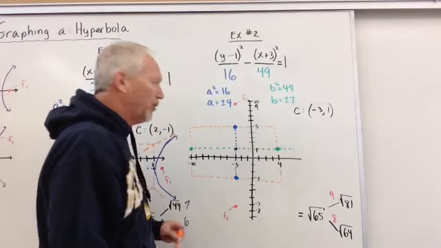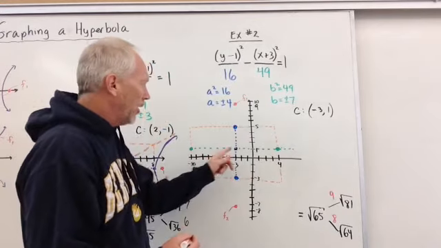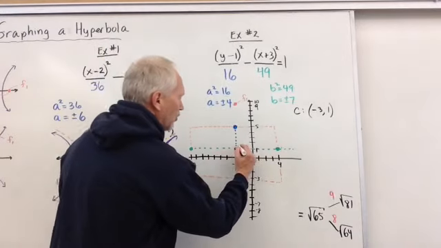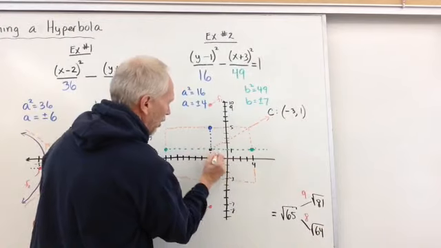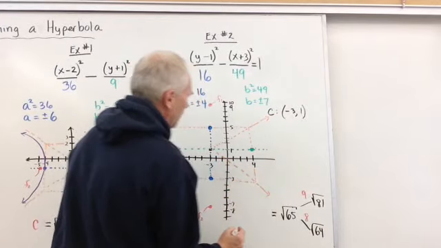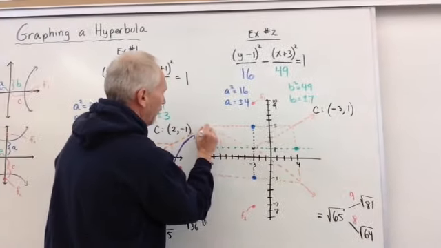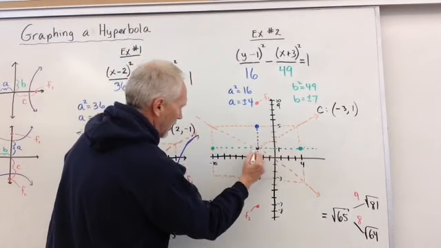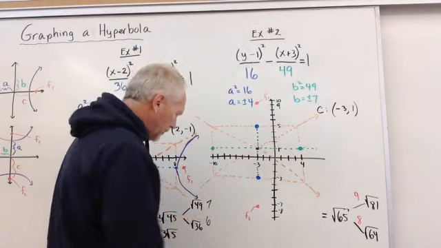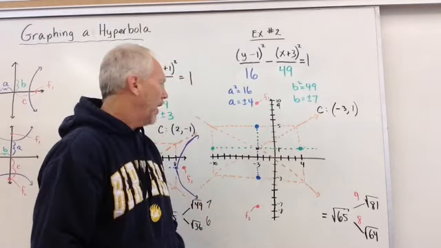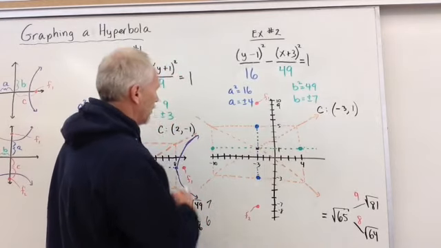Okay, so we go through the same method. We start at the center, and we draw little dashes like this out to all 4 corners. Now, you need to ask yourself, where do these asymptotes go?